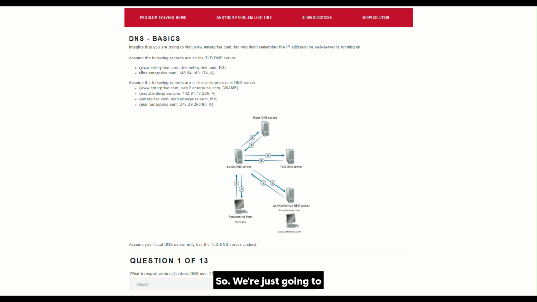So we're just going to quickly go over what the content of the servers is. In the TLD DNS, there is enterprise.com and dns.enterprise.com, with the RR being NS.